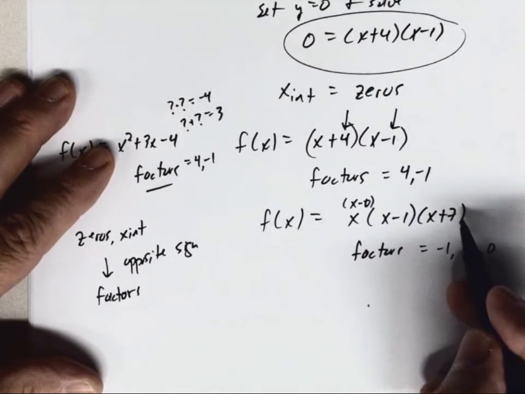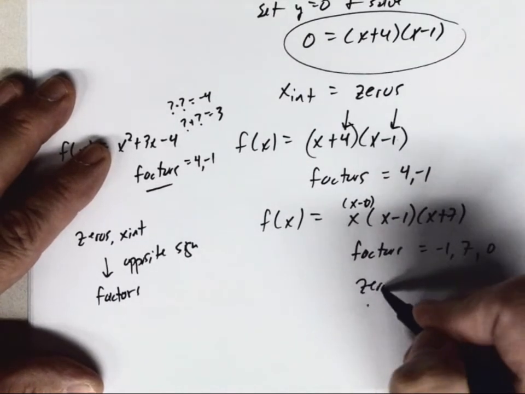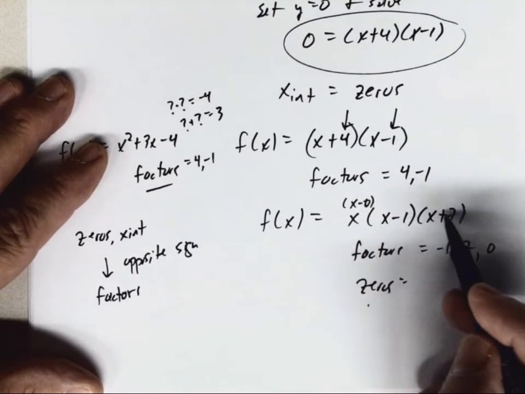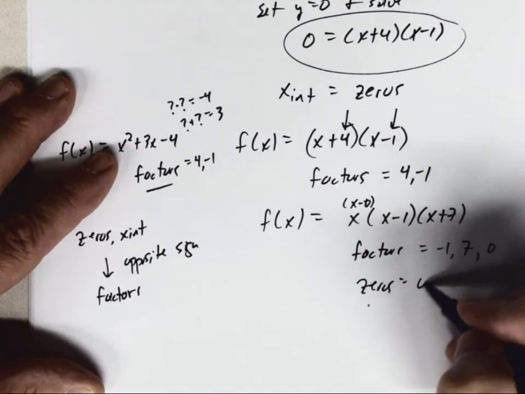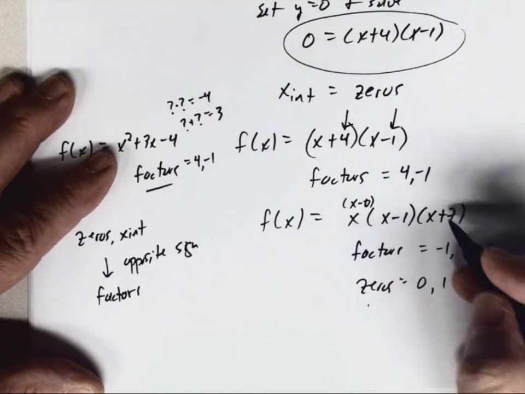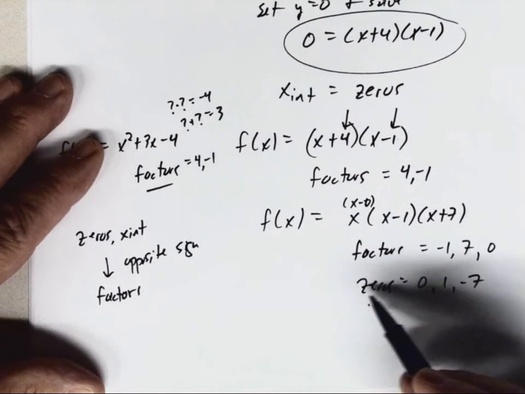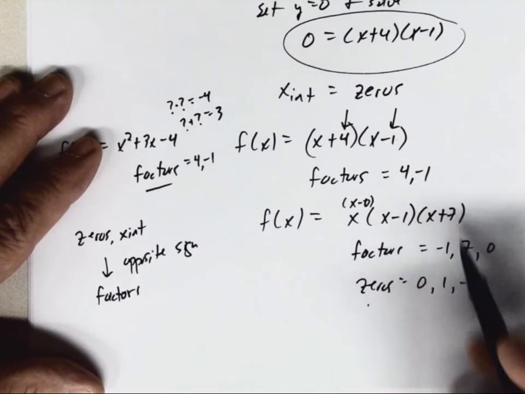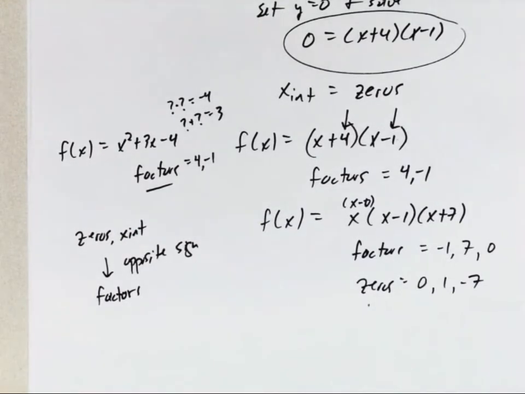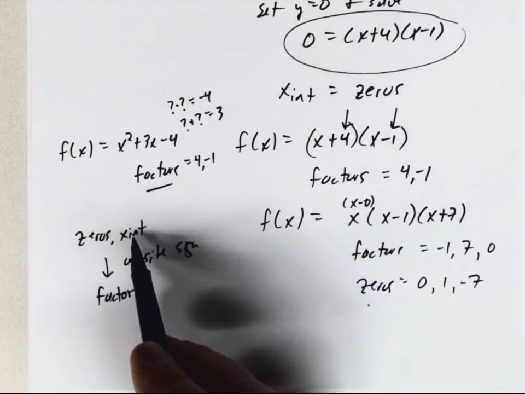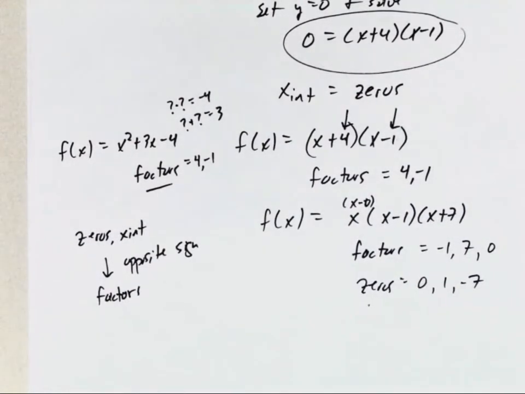So if I look at this equation, I said the factors are -1, 7, and 0. What are the zeros of this equation? Well, the zeros would be what values of x would cause this whole thing to be 0. It'd be 0, 1, and -7. Lo and behold, the zeros of this function are just the opposite of the factors. And that's how it works. Zeros and x-intercepts, which are the same, are opposite signs of the factors.